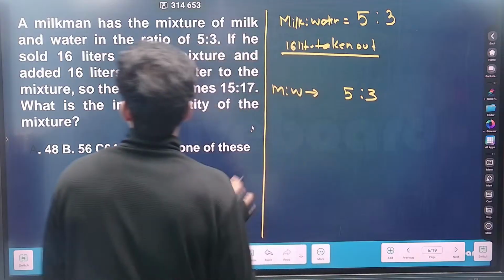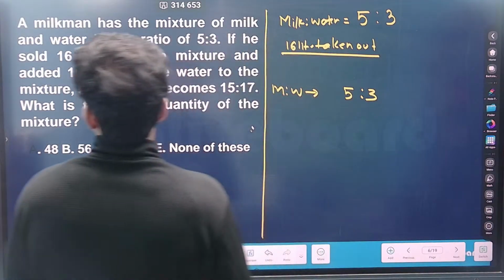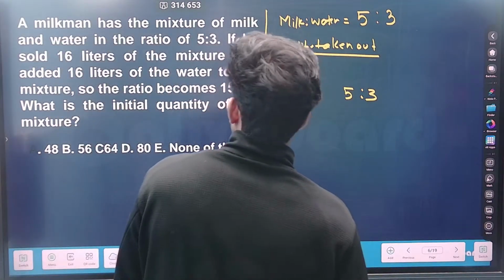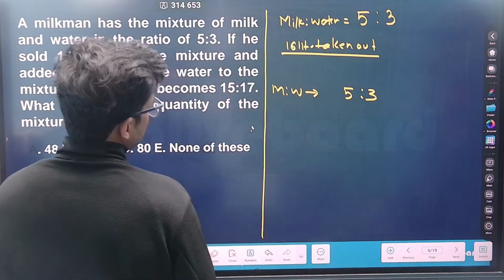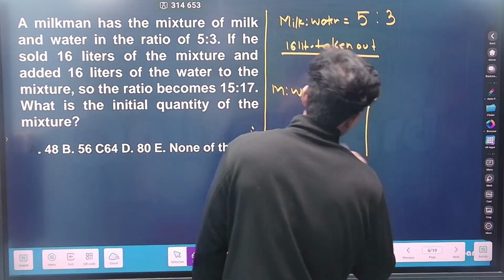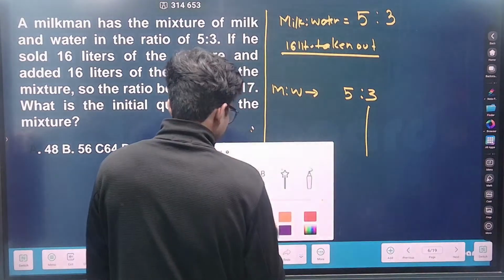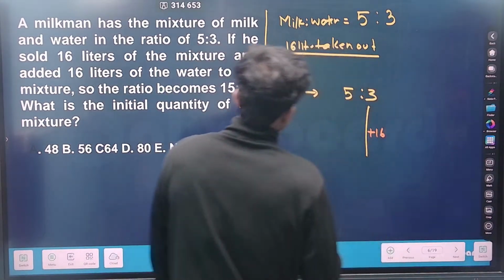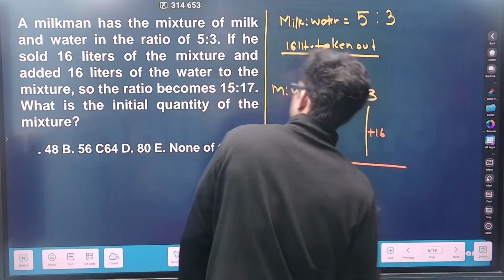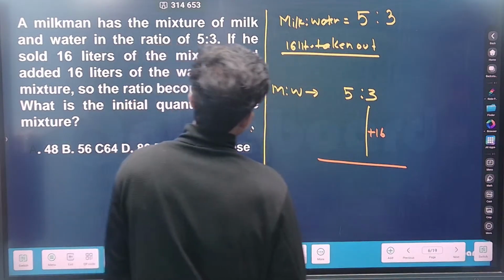This will remain the same. Then 16 liters of water is added to the mixture, so that the ratio becomes, now if you are adding 16 liters of water, then the ratio becomes 15:17.